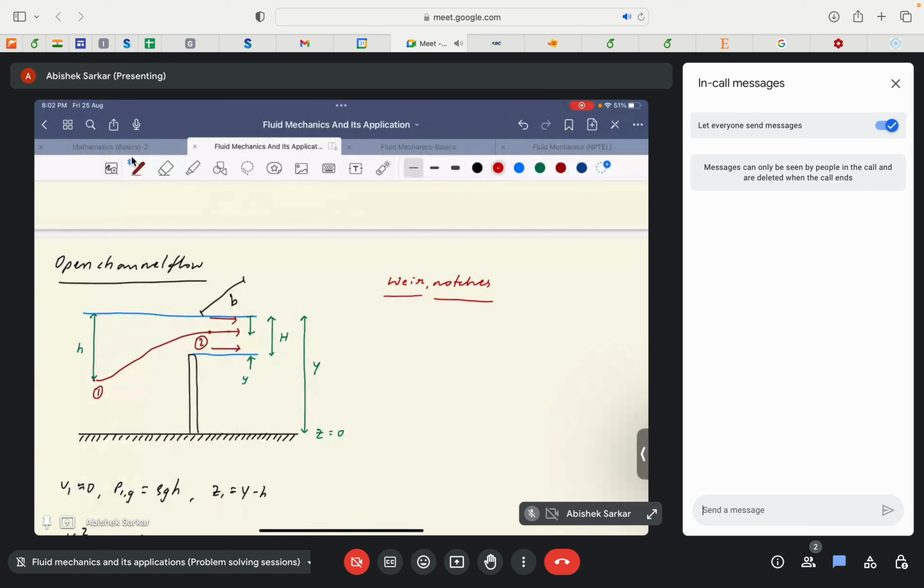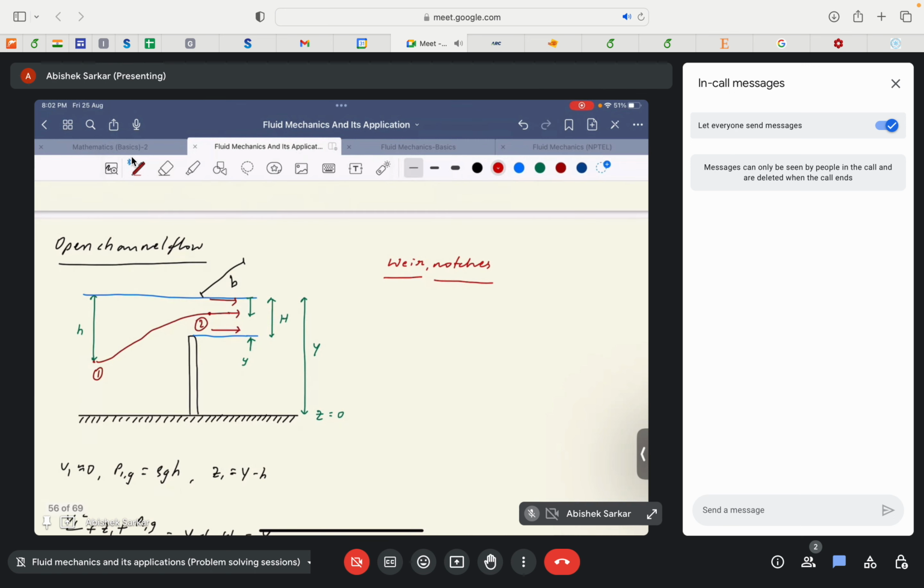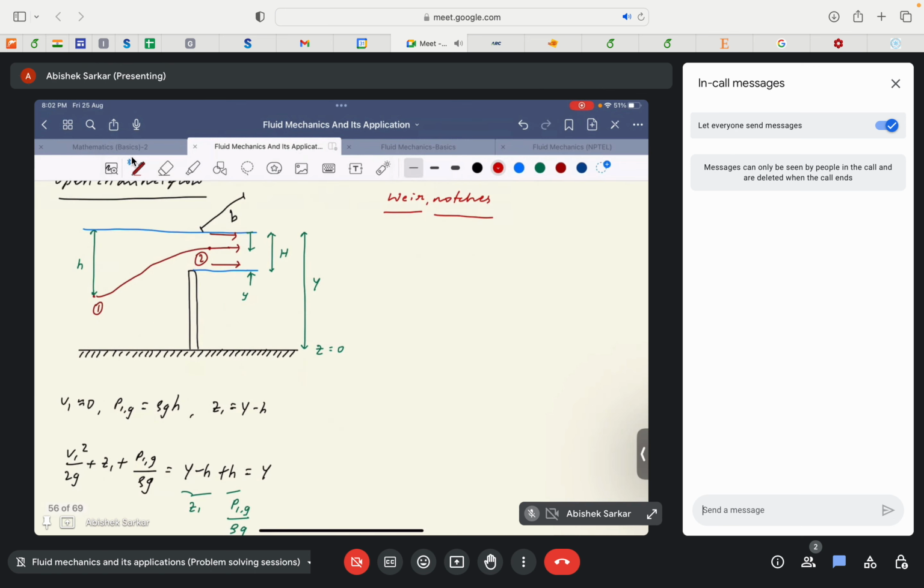The geometrical structure of notches and weirs is exactly the same, just the length scale of application varies, so that's why we have different names. Given that, now we see how to find the flow rate through this weir and notch.